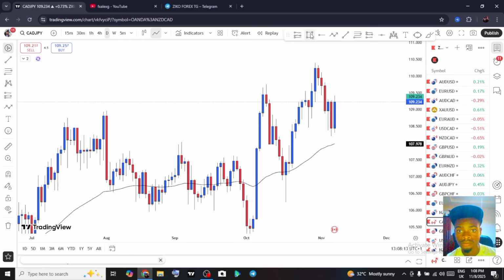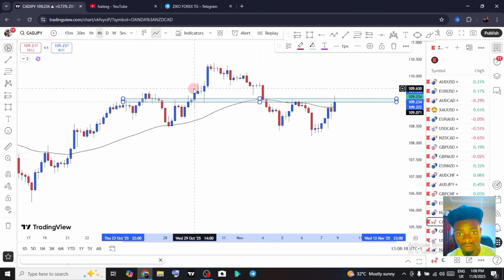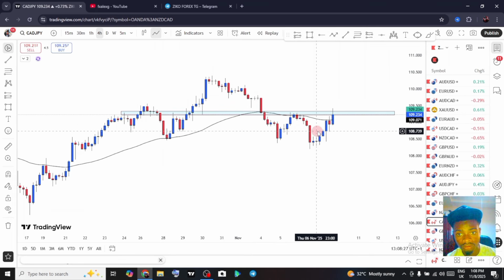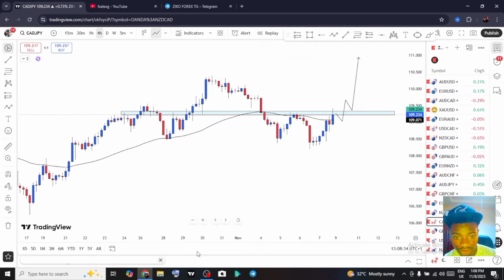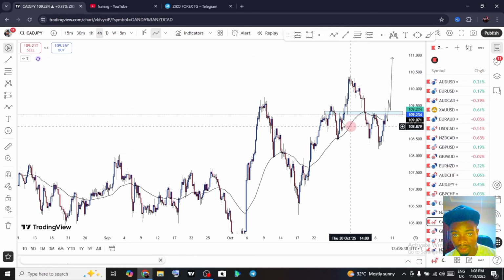Minor area might be on the 4 hour. Let me see. 4 hour time frame. I actually just come here to continue buying. That's just my thoughts, right? But am I adding it for this week?